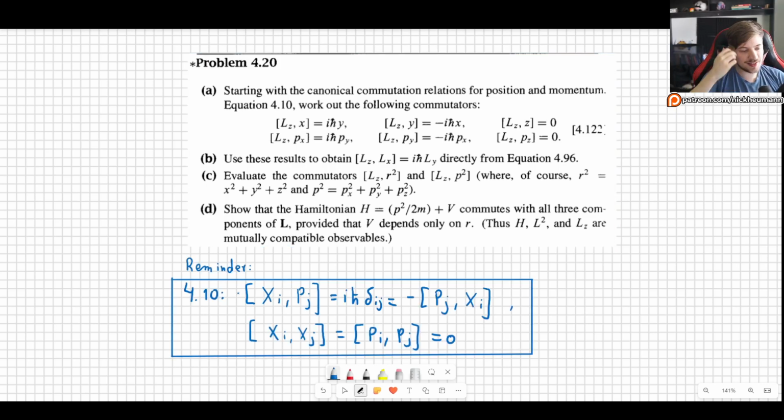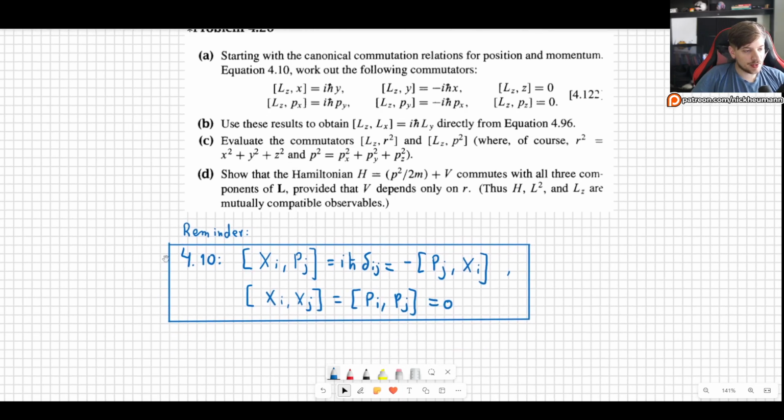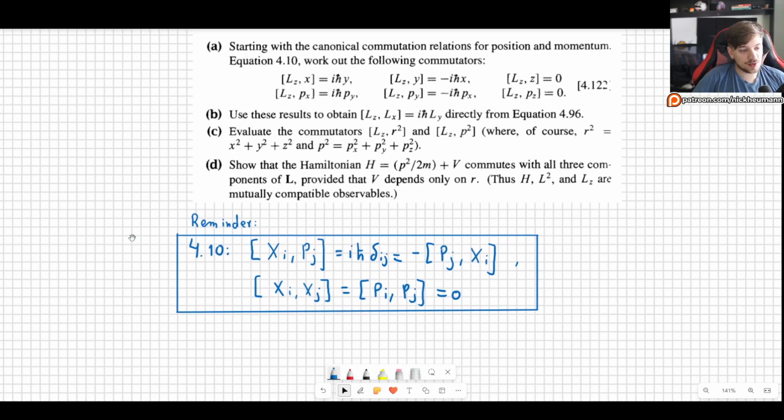Okay, so this is the reminder. So basically we have to remember what the commutators are between position and momentum, and also between position and position and momentum. Keep in mind also what the commutators mean. On one hand, a commutator tells you if two observables are compatible.